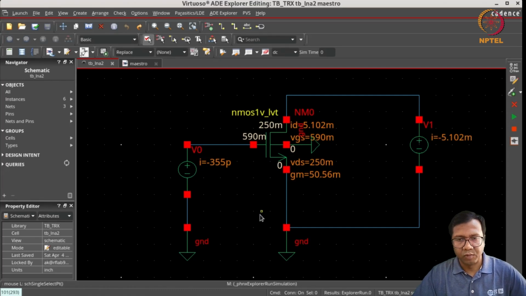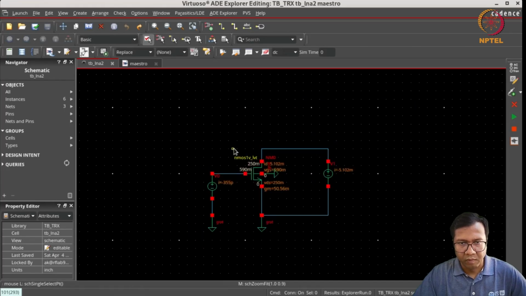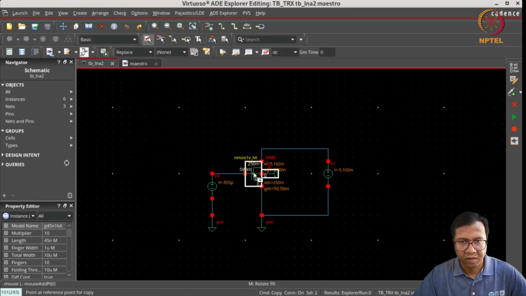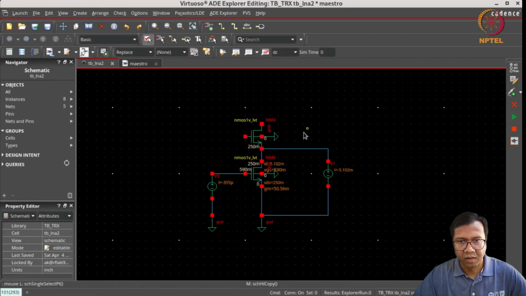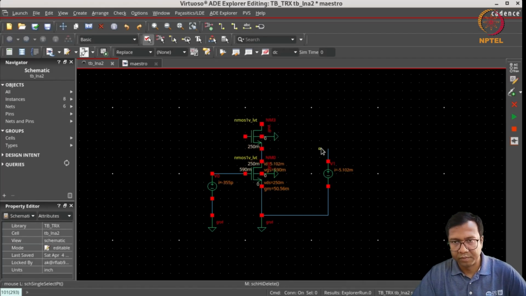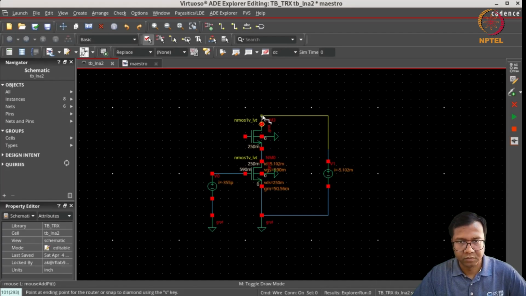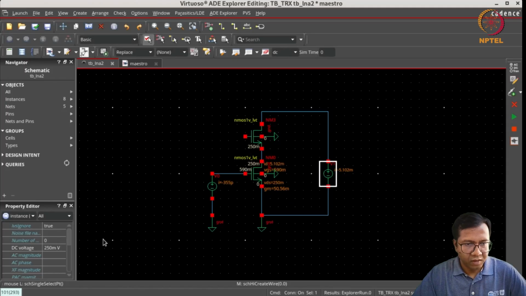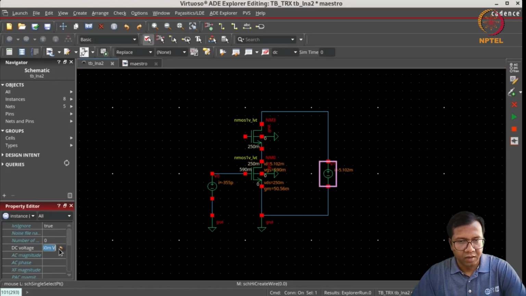Next step is to add a cascode element. So for simplicity, we'll choose the same device sizing for the cascode as well. And now we will change the overall supply for this series combination of cascode and the input element to be same as the VDD, which is 1.1 volt.